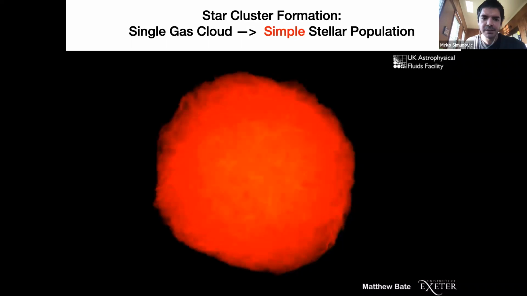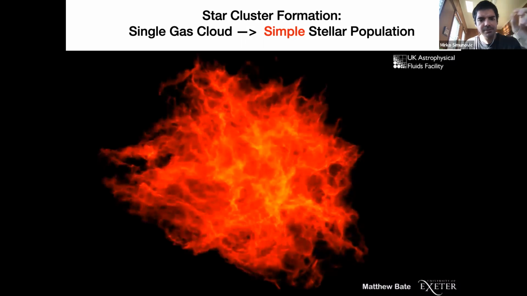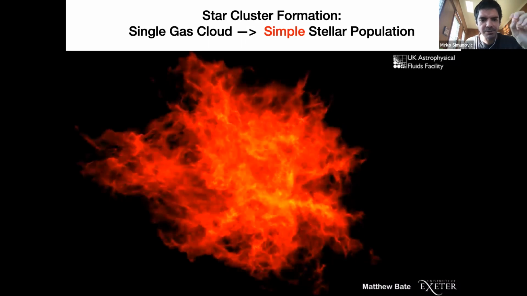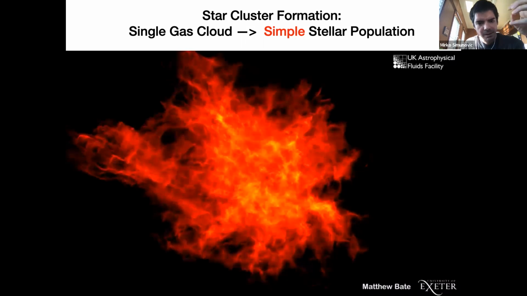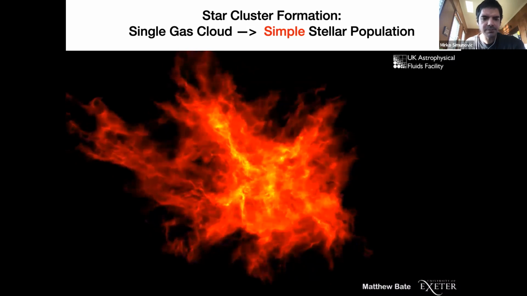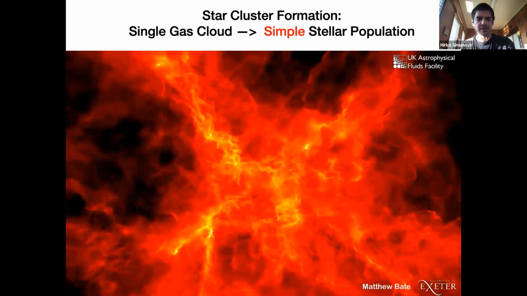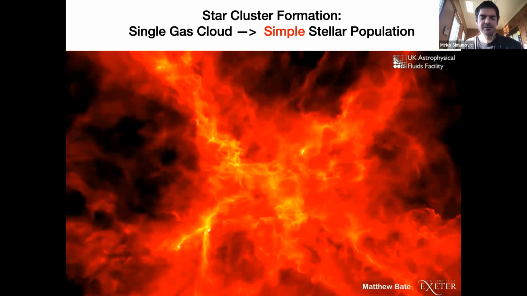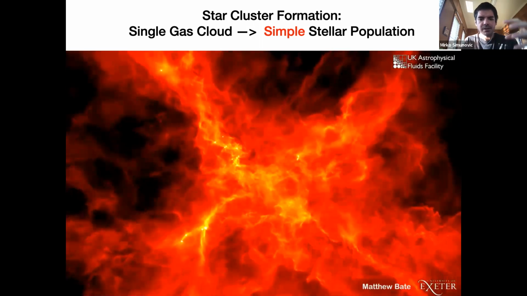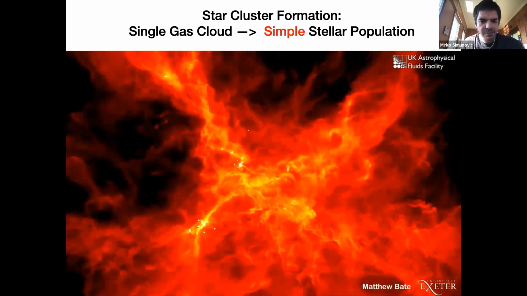So as the cloud collapses into itself, clumps of matter start to form, and these clumps become deeper wells of gravitational force. Therefore, more matter falls into these different clumps of matter. And that's how you start compressing all the matter and start forming stars.